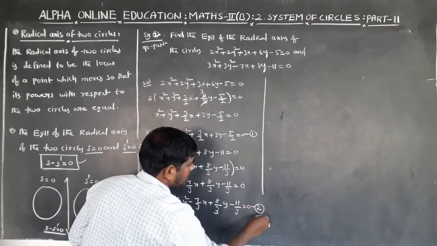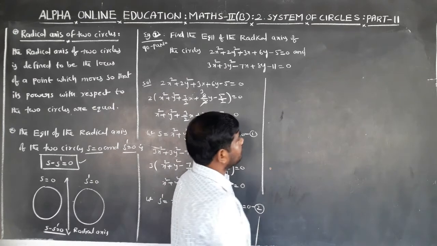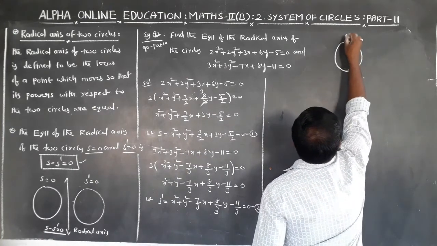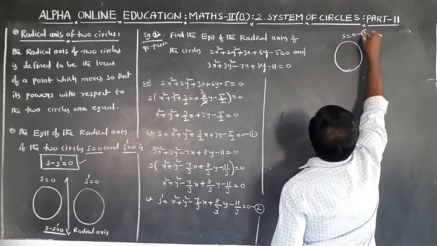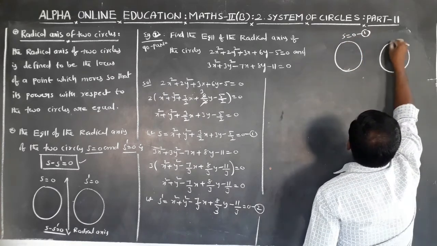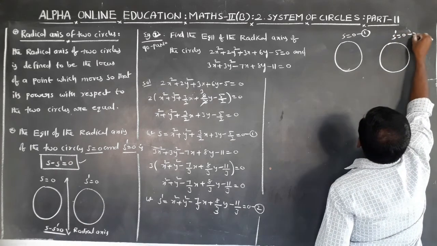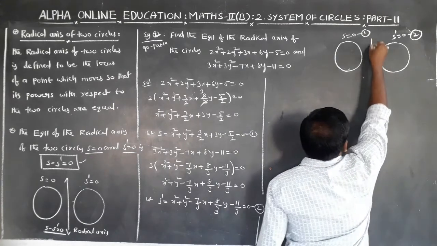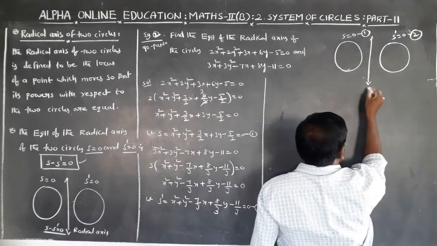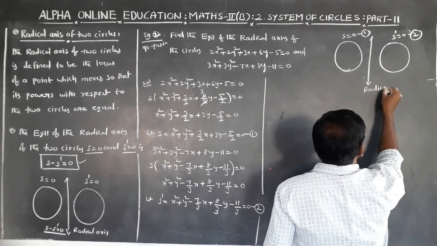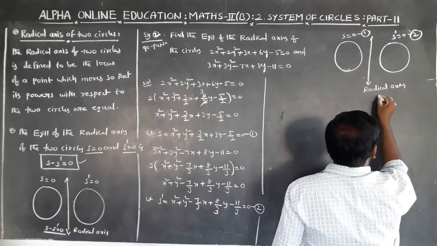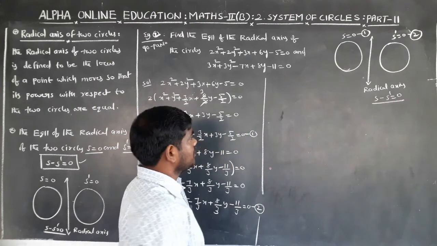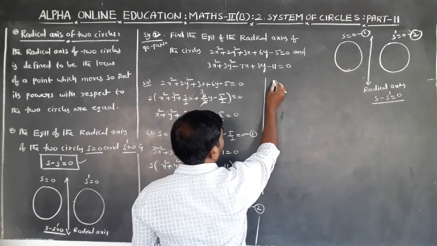Here, S is equal to 0 is the first circle, and S dash is equal to 0 is the second circle. The radical axis of the two circles is S minus S dash is equal to 0.